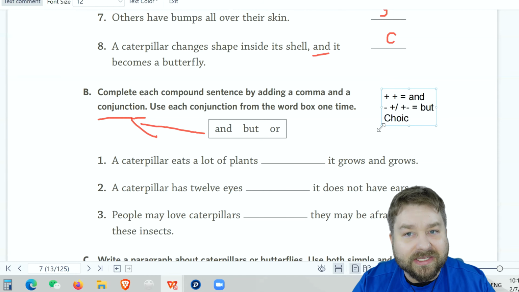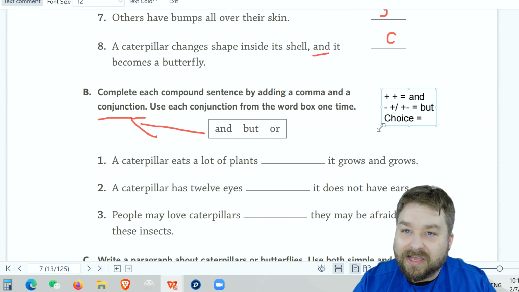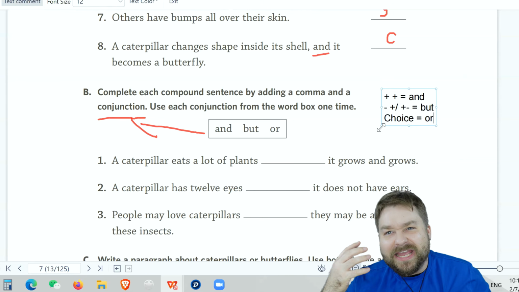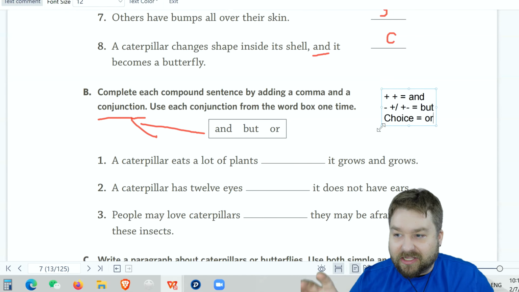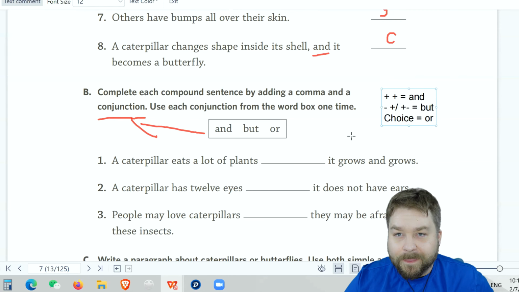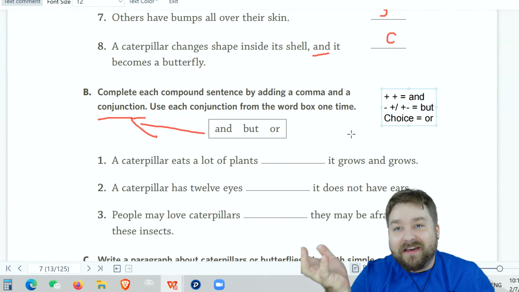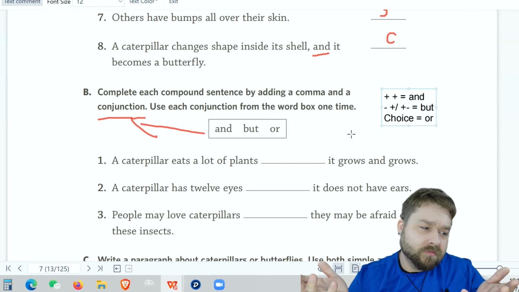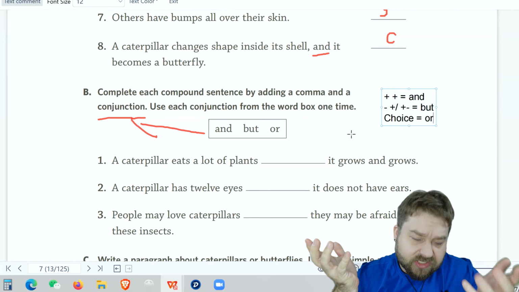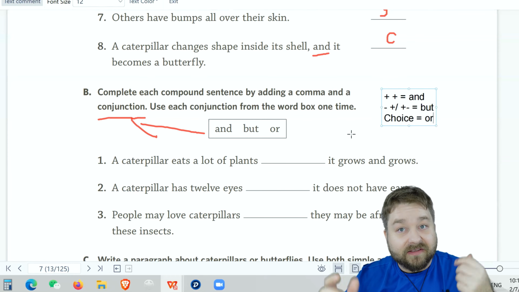And if we have a choice, it's or. Exactly. Think of it like that. It made it easier for me as a child to know, oh, that's an and, or oh, that's an or, or this is a but. I have bread, but no jelly. I have bread, but I don't have jelly. Oh, plus and a negative, okay?